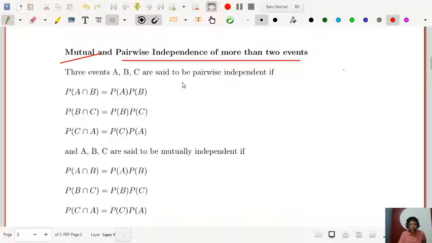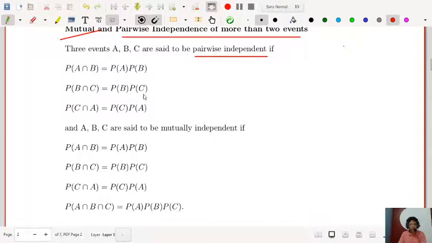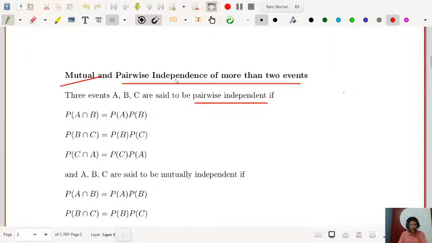Three events A, B, C are said to be pairwise independent if the probability of A intersection B equals the probability of A into the probability of B, and the probability of B intersection C equals the probability of B into the probability of C. The probability of C intersection A equals the probability of C into the probability of A. These are the conditions for pairwise independence.